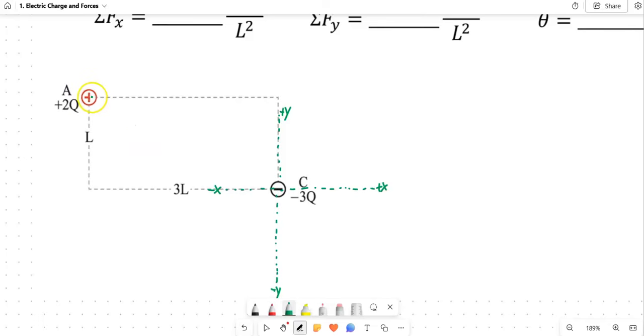All right, you have a red positive 2Q that's up here. Now it's going to be pulling our -3Q up towards it. So I'm going to write that vector just like I did before. The problem with this is, well, you'll see. We're going to have to do some labeling.